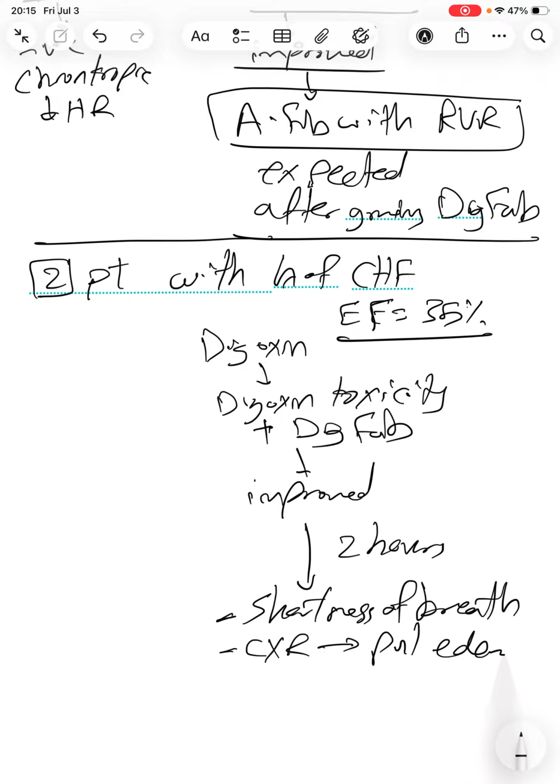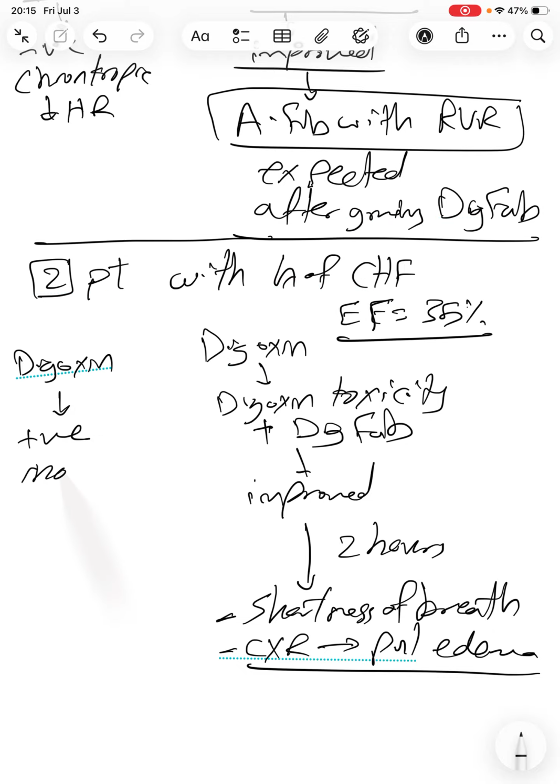What is happening here? Digoxin has a positive inotropic effect. So when you give Dig Fab, you inhibit the digoxin effect, so you inhibited the positive inotropic effect.